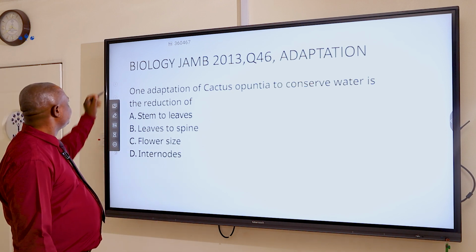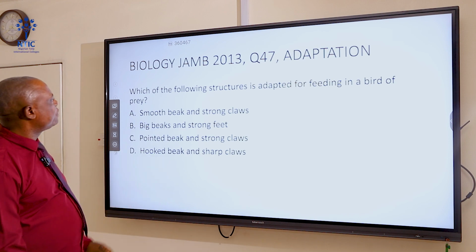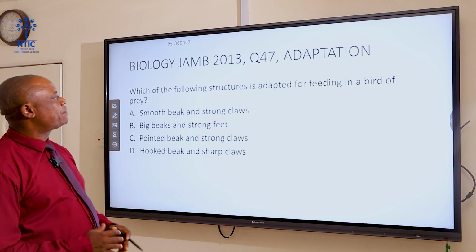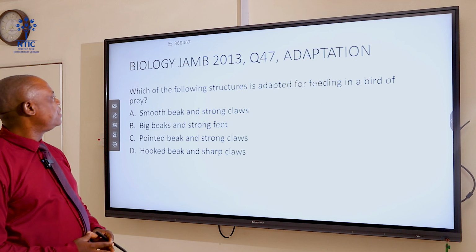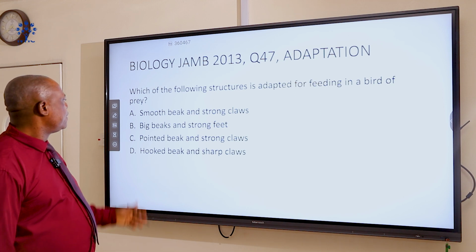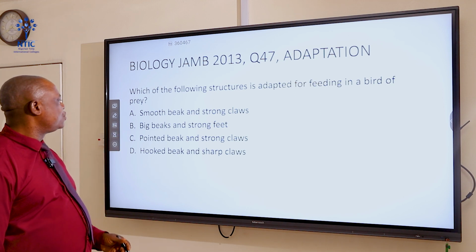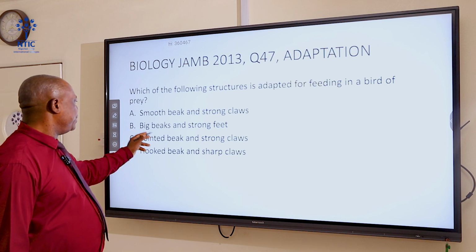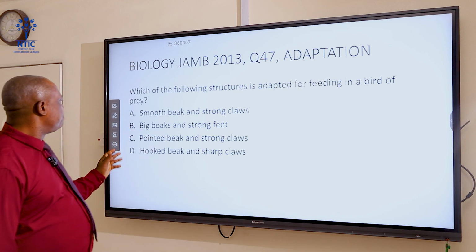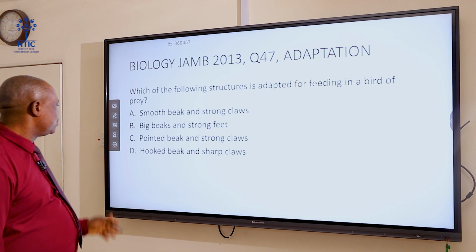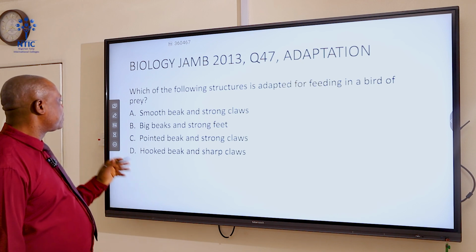Then we have 47. Which of the following structure is adapted for feeding in a bird of prey? You have smooth beak and strong claws, big beak and strong feet, pointed beak and strong claws, hooked beak and sharp claws.